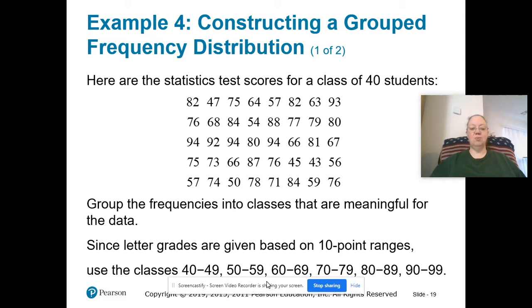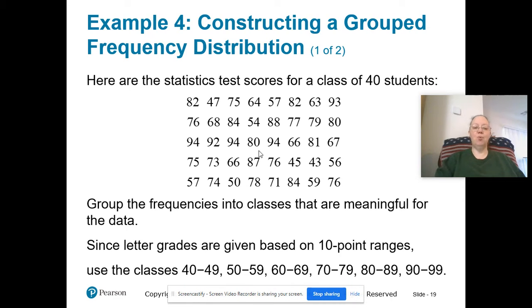So what we're going to do is have a class between 40 and 49. The reason we choose 40 to 49 as the lowest class is that our lowest score does not go below 40. I believe the lowest score is 43, but that doesn't mean we're going to have our class starting at 43.